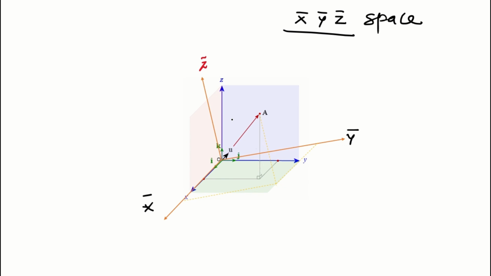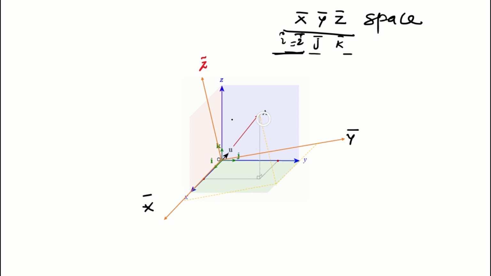Let us take i bar, j bar and k bar as the basis vectors along the x bar axis, y bar axis and z bar axis. As x bar and x are the same, the basis vector i bar will coincide with i. Now we have the same vector u, the position vector OA. To find the components of u, from the point A we will drop a line which is parallel to z bar.